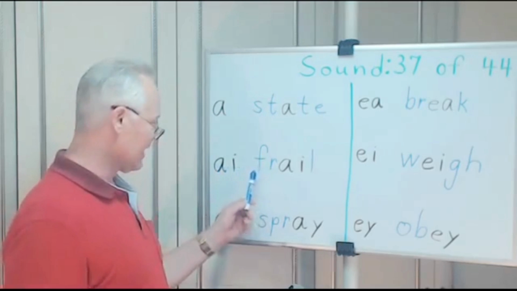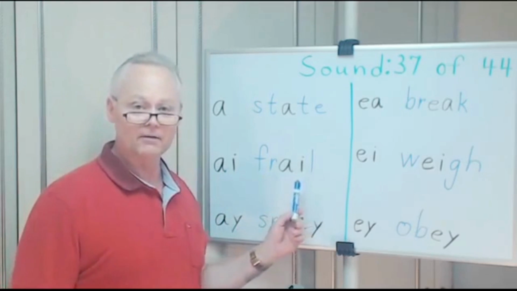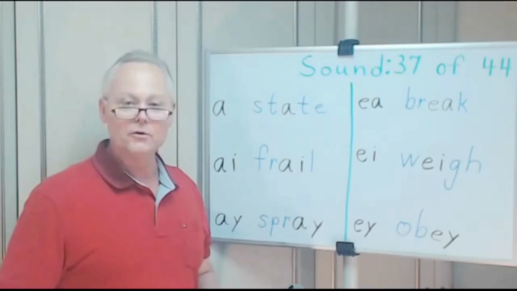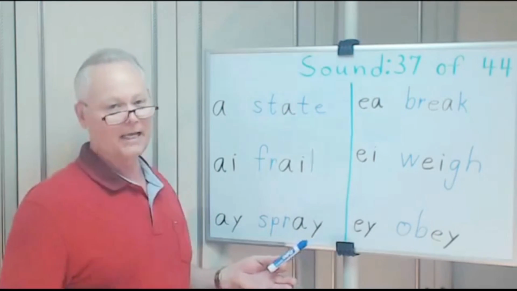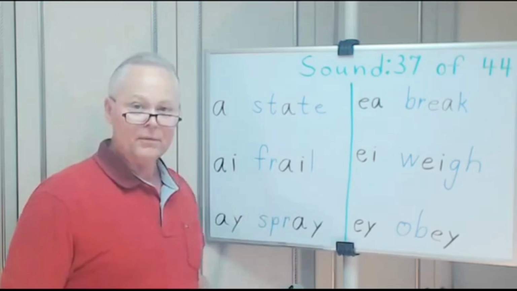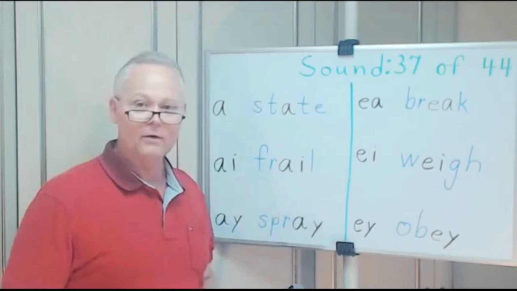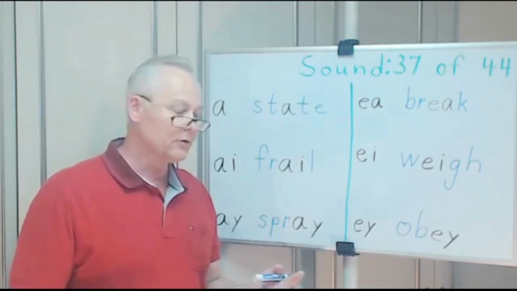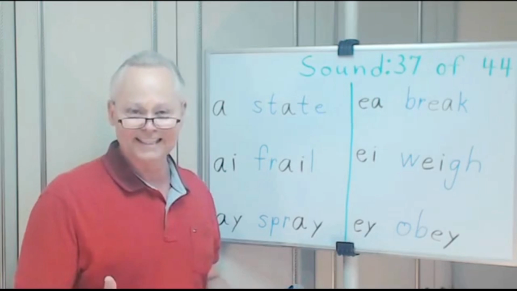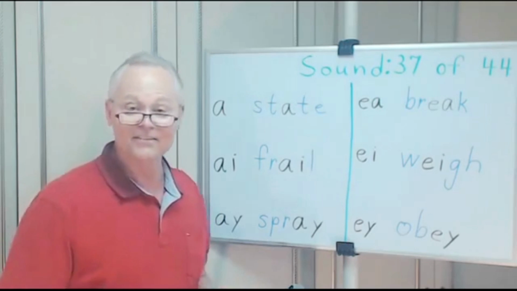AI. We have the word frail. Frail. Now, I'm sure you know that many words mean more than one thing. For example, frail as a noun is a basket that's used to carry, usually, raisins or prunes in. Or figs, I should say. Figs. Fruit.